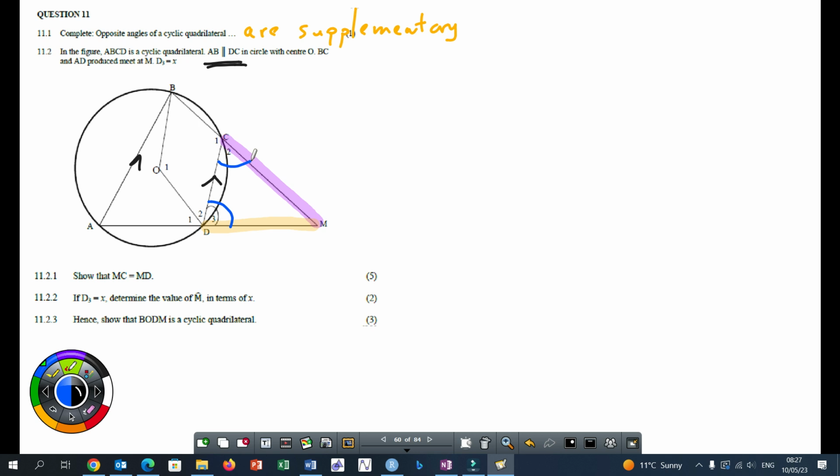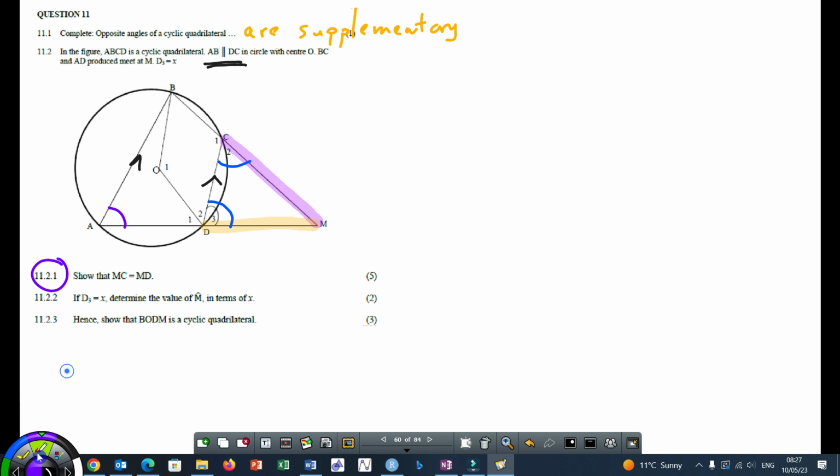Okay? That's where you start. Okay? So, for this question, we don't have a tangent yet. Please be aware of that. There is no tangent. So first, I'm going to say angle D3 is equal to angle A. Okay? So, we are answering 11.2.1.